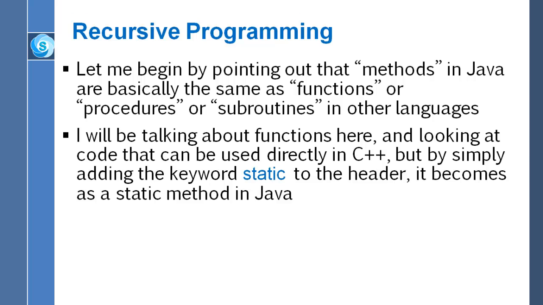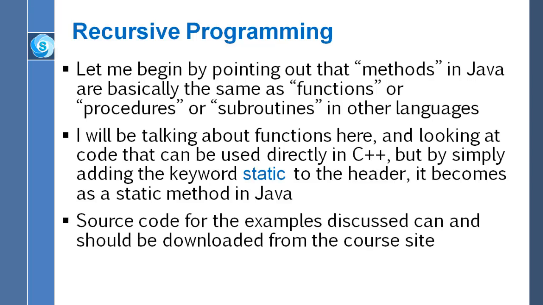In other words, a method that does not act on objects. So once again, source code is available, as is true with all the code that I present. You can download executable code in C++ or Java.